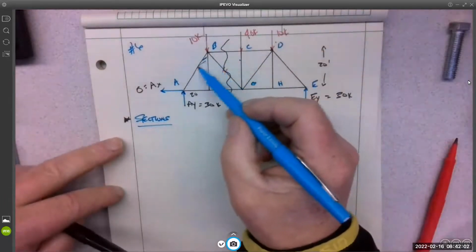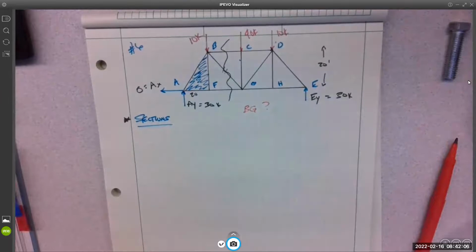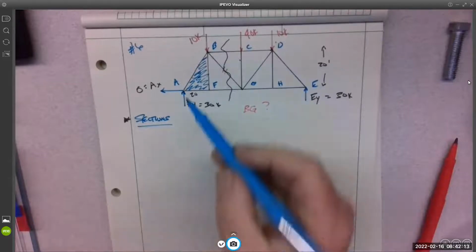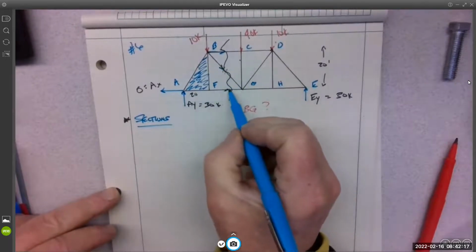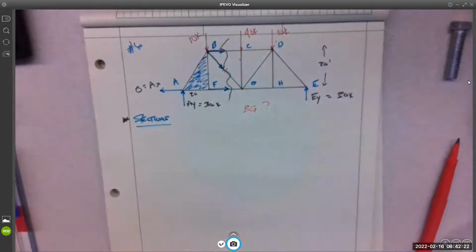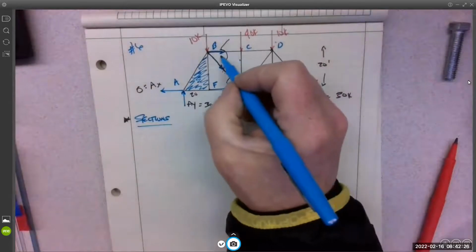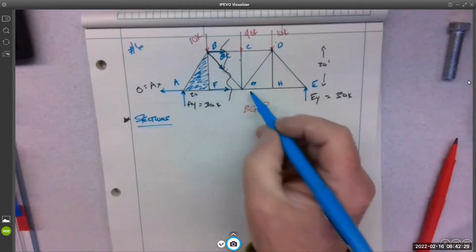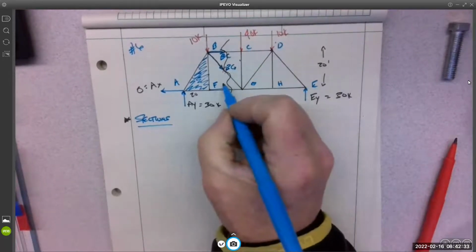Now the concept is the parts that you did not cut, we're just going to treat as a solid structure. So what you end up with is this solid structure and 3 additional vectors, which we assume are all in tension, going away. So this is BC, this is BG, this is FG.